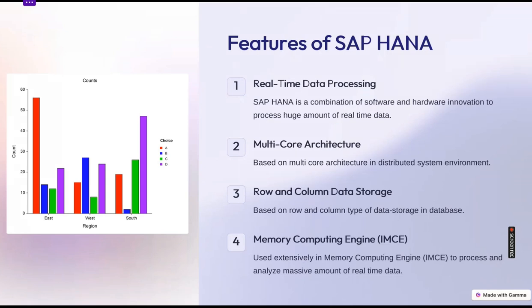So this HANA database lies in which category? In-memory category. Okay, so this was a brief introduction of the database, why we are focusing on HANA database, why it is so important for us, and why it is important to know the in and out of this database while working in the SAP world.